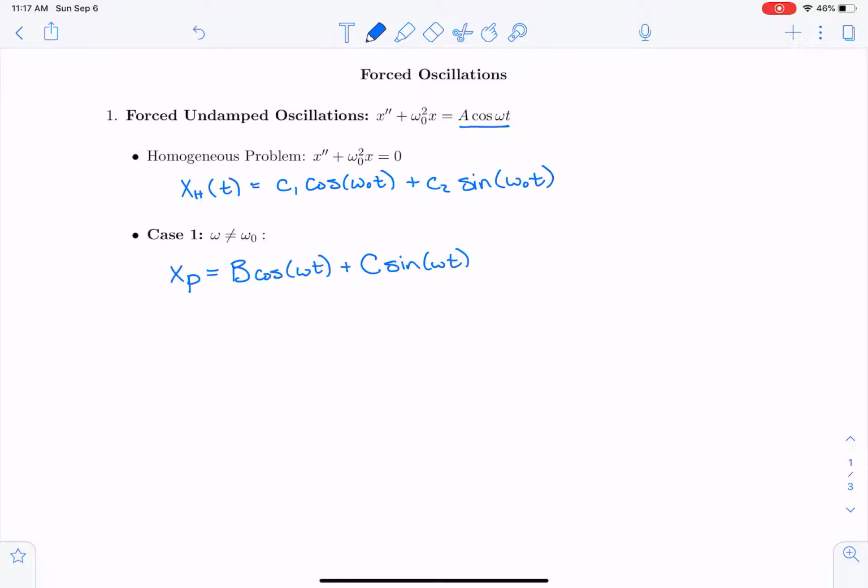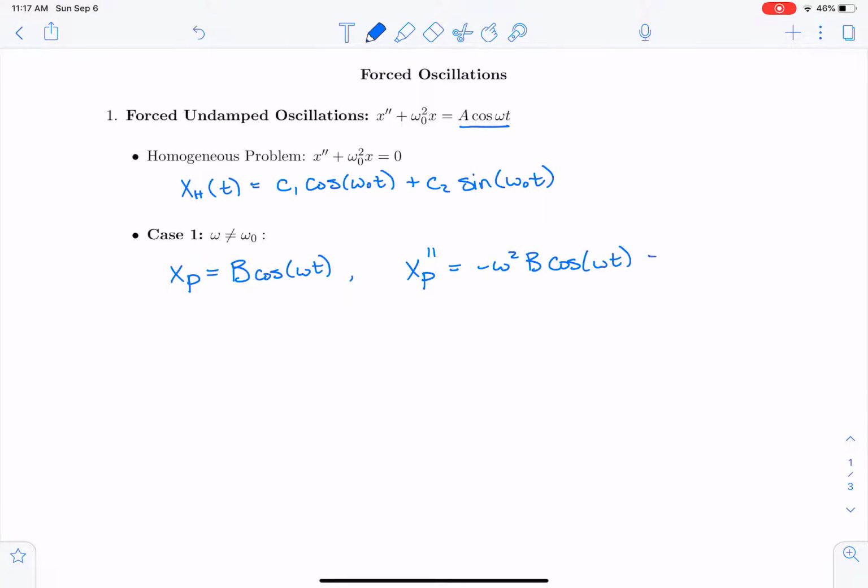Now I know from experience that because there is no x prime term in the equation, c will end up being 0. So I'm just going to substitute this back into the differential equation. Here, the second derivative of our particular solution is going to be minus omega squared b cosine of omega t.